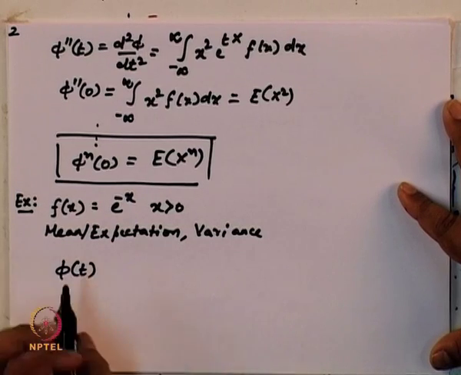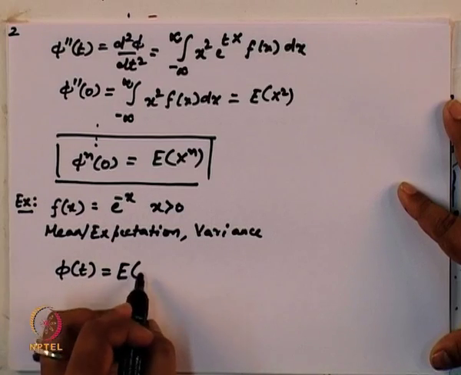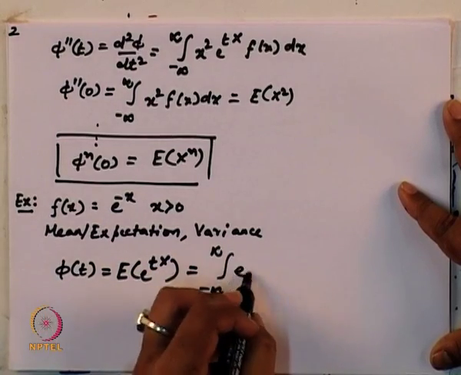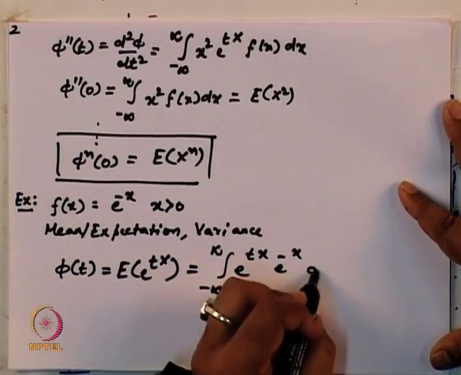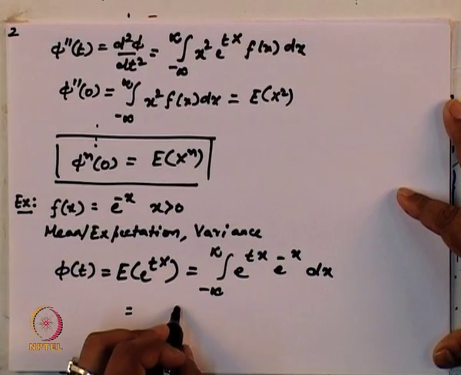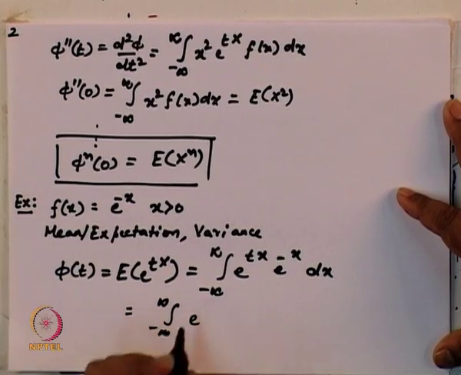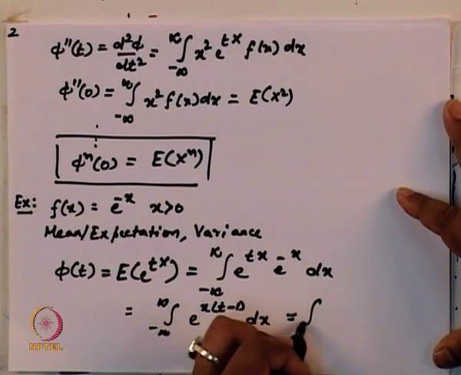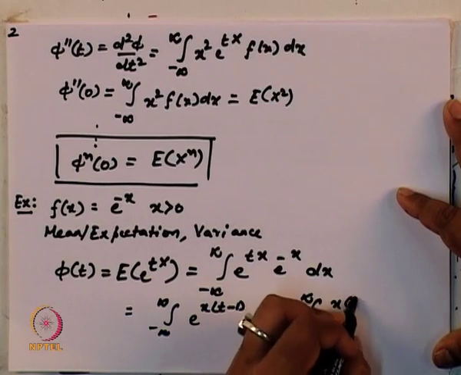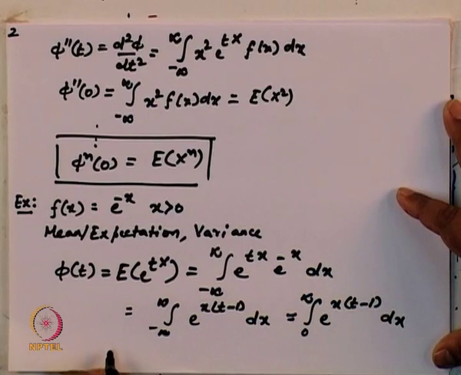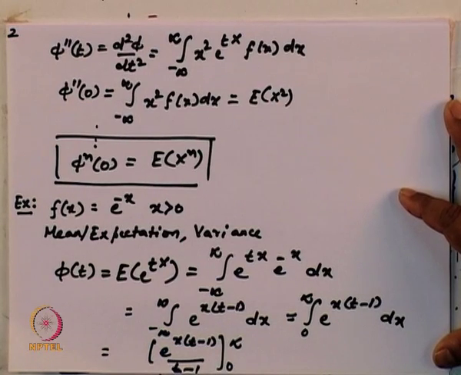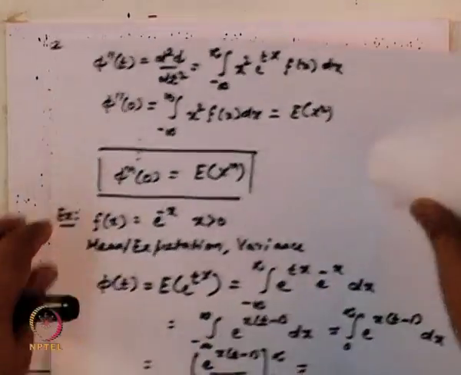So, I start with phi of t, which is the expectation of e to the power t x, equal to the integral of e to the power t x times e to the power minus x dx from 0 to infinity. Okay. So, this I can simplify. Let me do it on the next page.